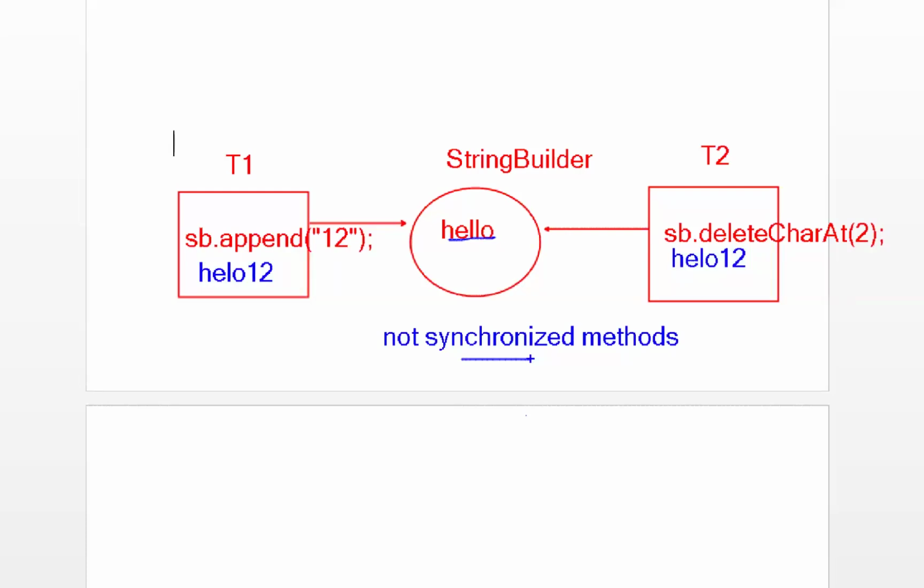Did you get my point? There is a reason for that, but I cannot go into it because multi-threading is not completed. String builder methods can execute fast, but string buffer method performance is a bit slow because they are synchronized.